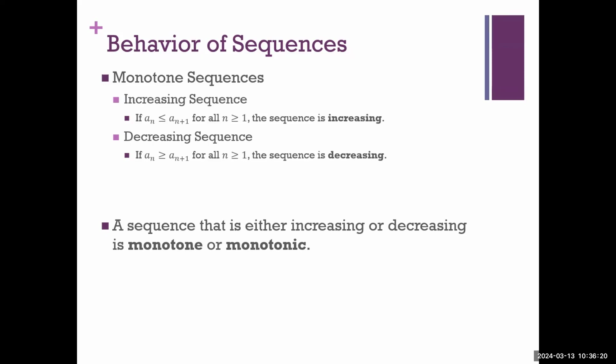An increasing sequence means every term in the sequence is not smaller than the one before it, but it could be as large as the one after. It has to be weakly increasing. If one term in the sequence is 5, the next term has to be at least 5. It could be identical to 5, but it has to be at least 5.